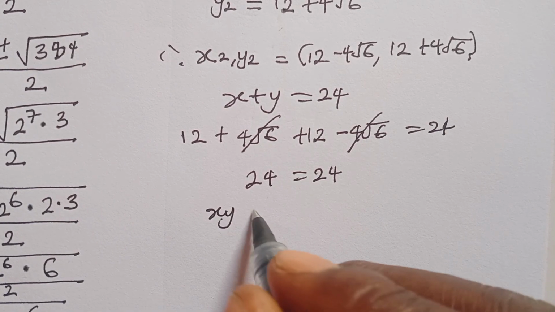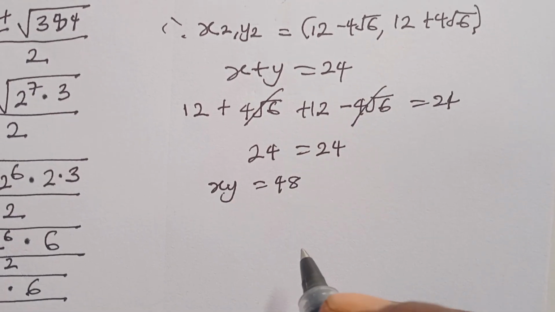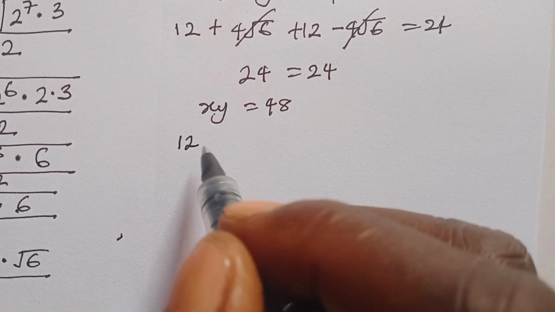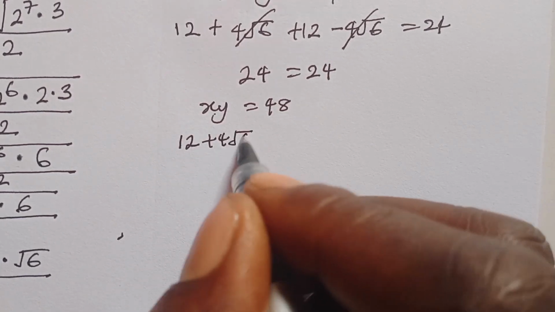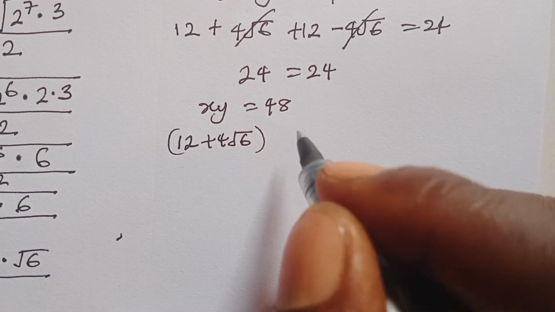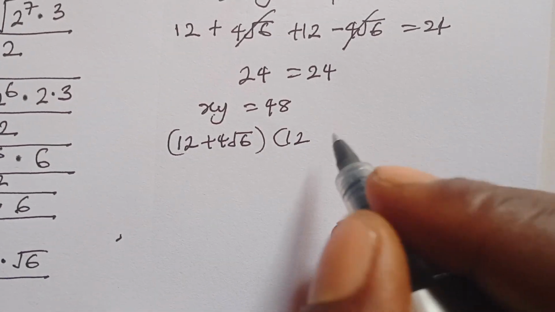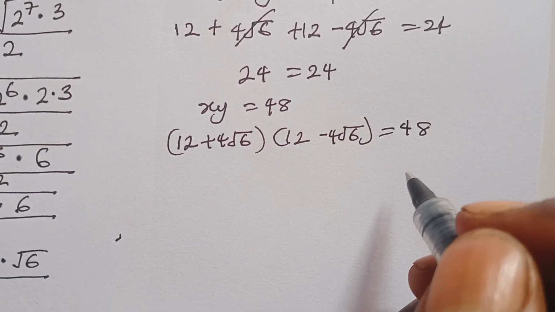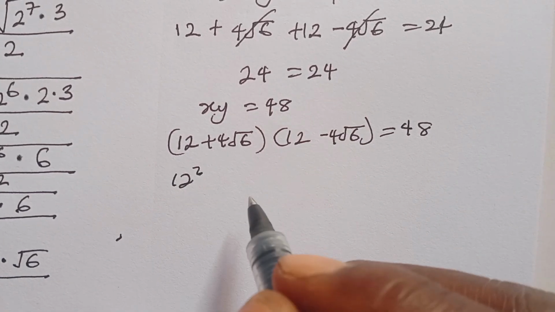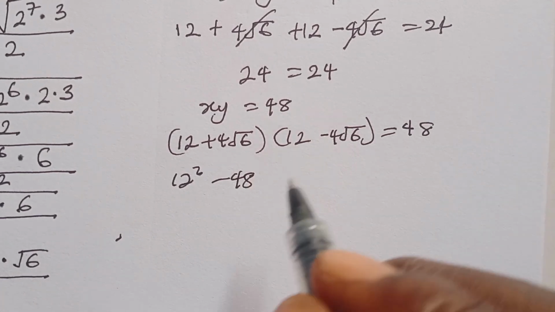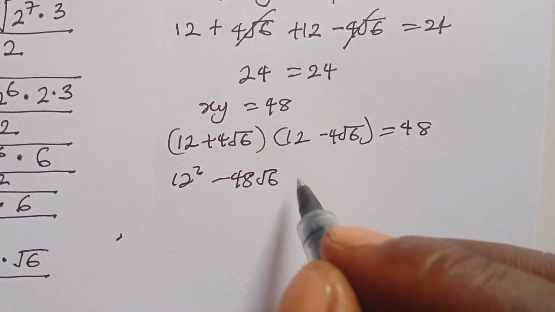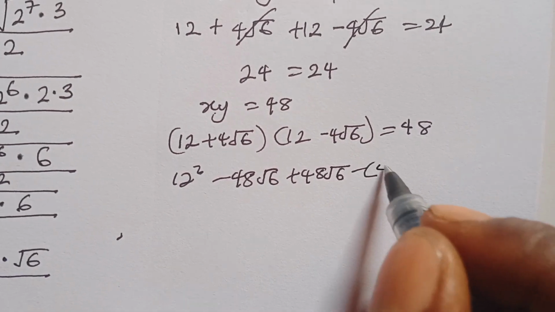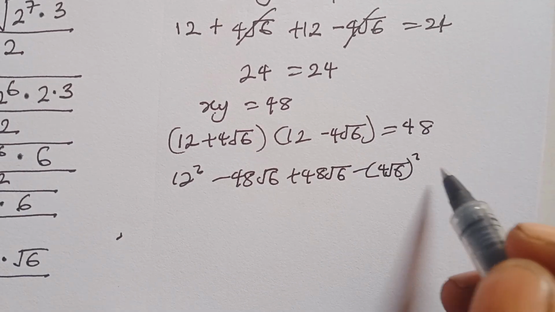So the second one, xy to be equal to 48. So let's now get the product of x and y. Therefore we'll be having 12 plus 4 square root of 6, open and close bracket, open bracket, 12 minus 4 square root of 6. So this must be equal to 48. Yes. Now let's open this bracket. If you open this bracket, you have 12 squared minus 48 root 6 plus 48 root 6 minus 4 root 6, everything squared, is now equal to 48.